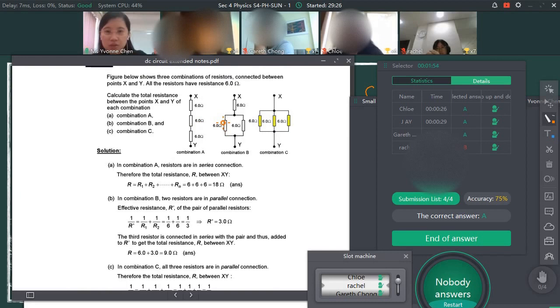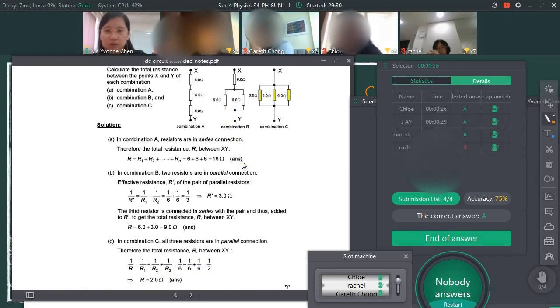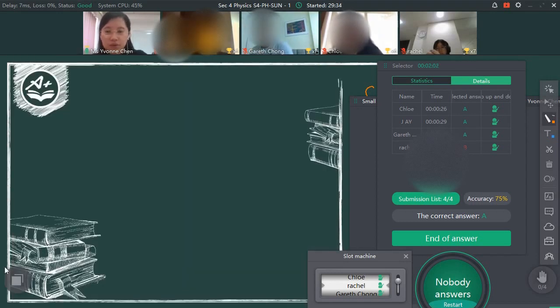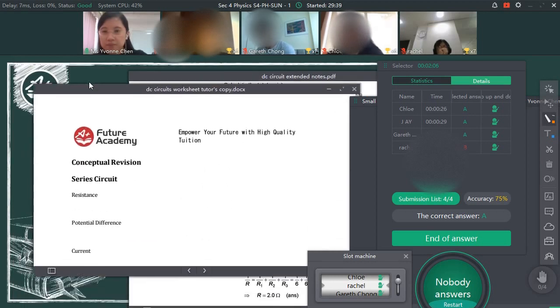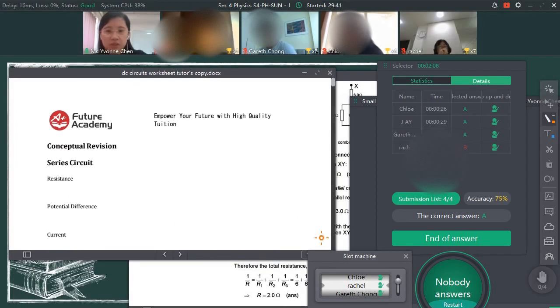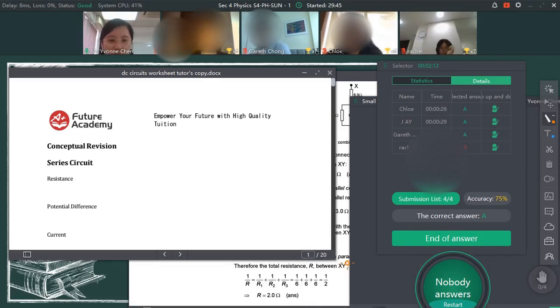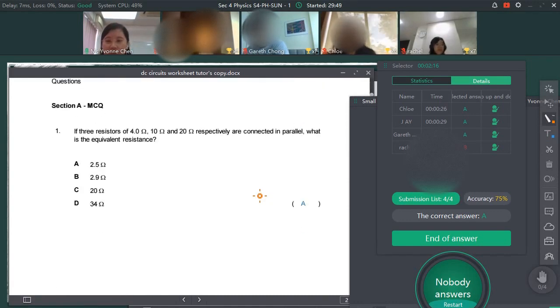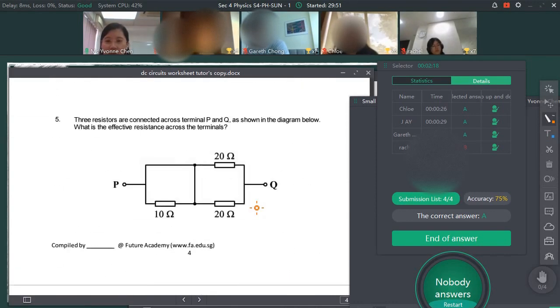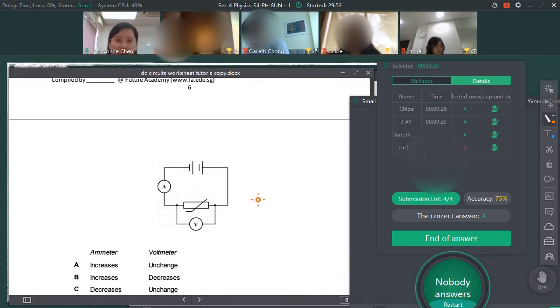So we'll look at our notes. I'll stop here for a while. We look at the worksheet we did last week. Okay, this is the worksheet we had last week. Which question did we stop at last week? Anyone still remember?